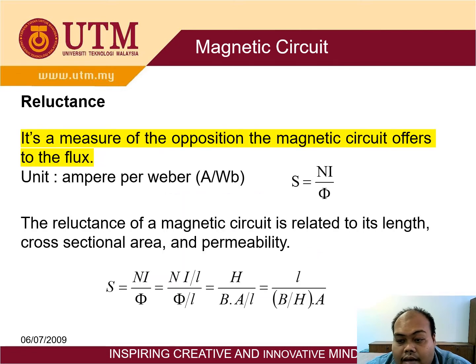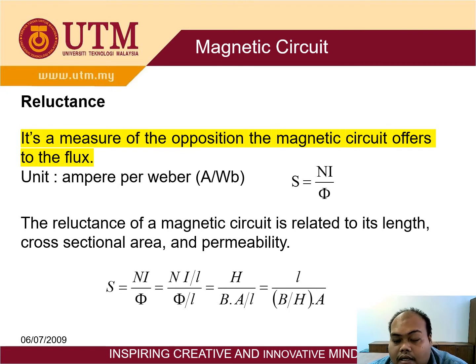Again, reluctance, which I mentioned before, is basically like a resistor in an electrical circuit. So make sure you memorize what I highlighted here. The definition: it is the measure of the opposition of the magnetic circuit offered to the flux, basically like a resistance. The abbreviation is S. Resistor is R, reluctance is S. The unit is ampere per Weber.